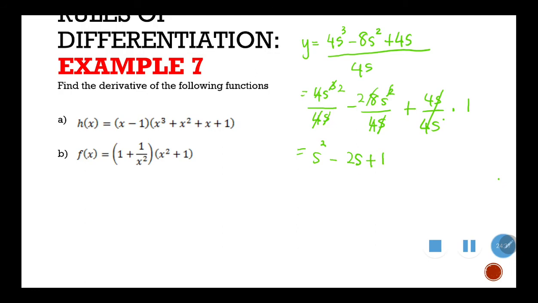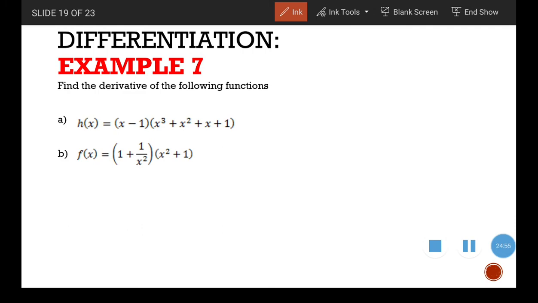Then only we will differentiate it. y prime should be 2s minus 2. So this is the final answer. So this is C. I want you to write it down in your notes. Okay, class?